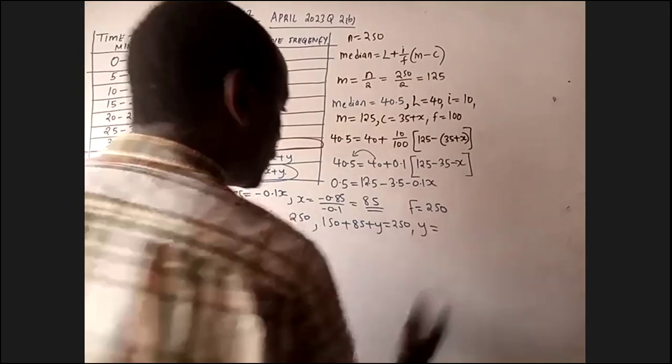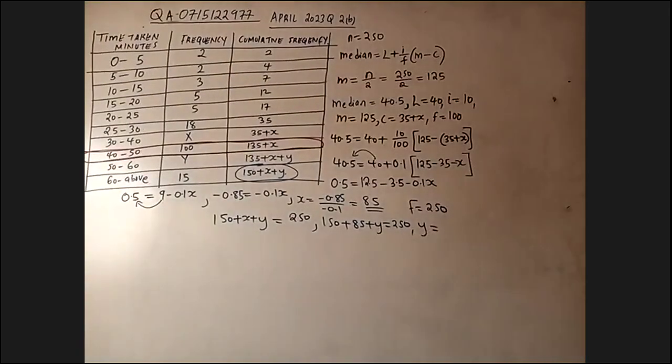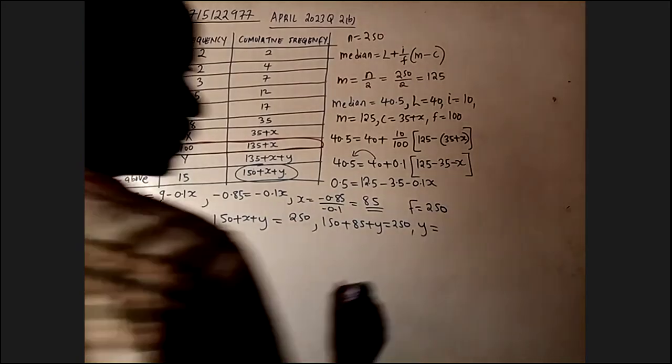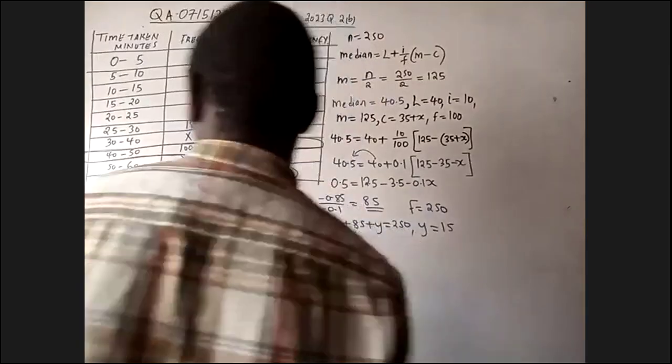To find y, 250 minus 150 minus 85 gives you 15. Now, let us do part B.